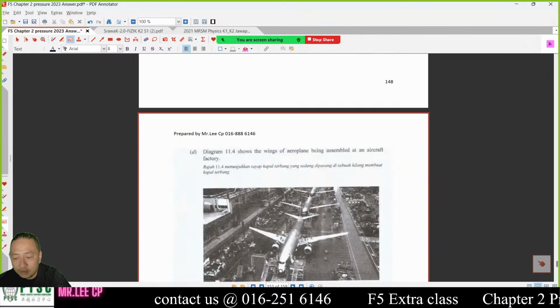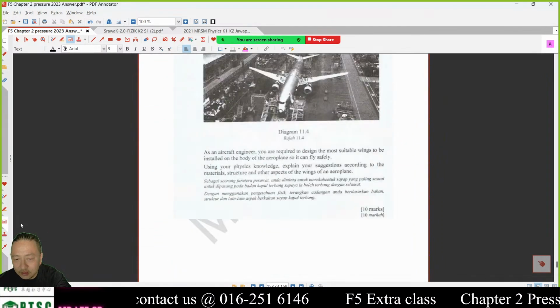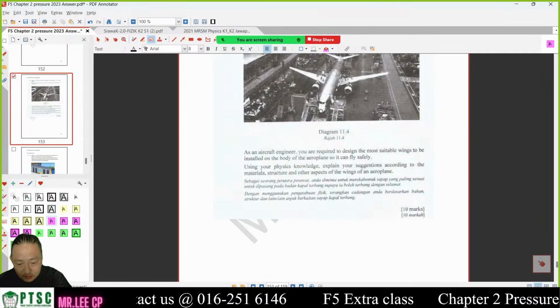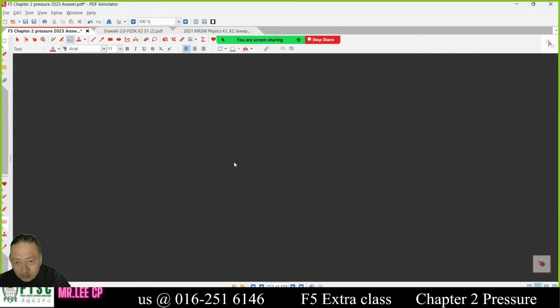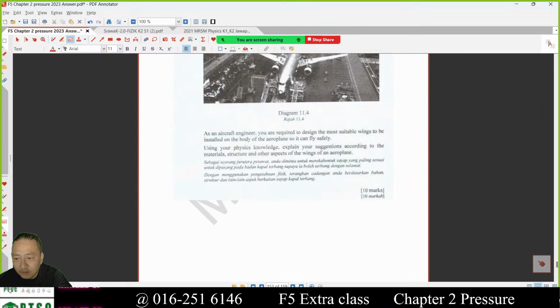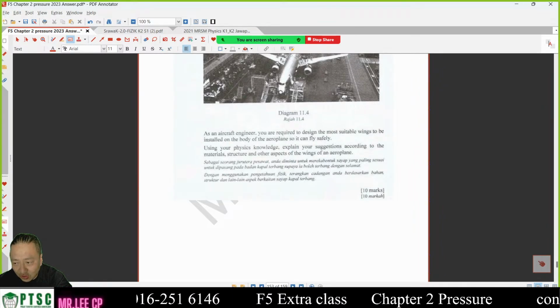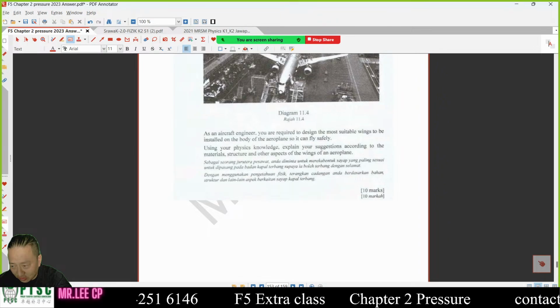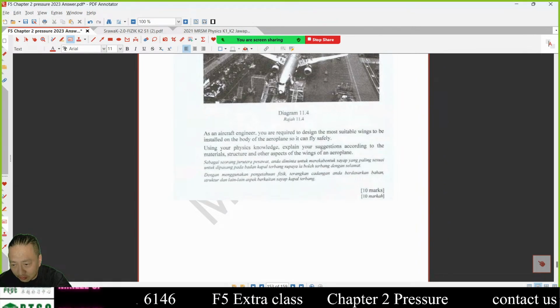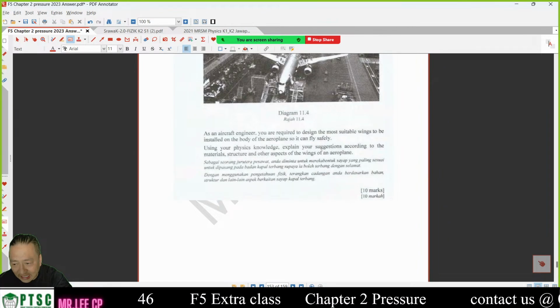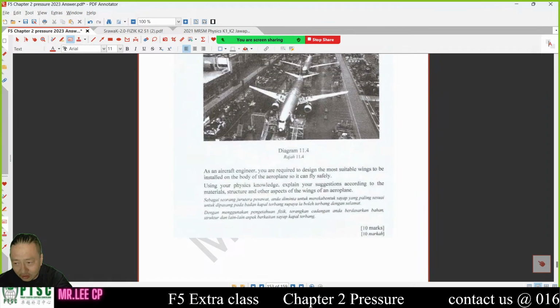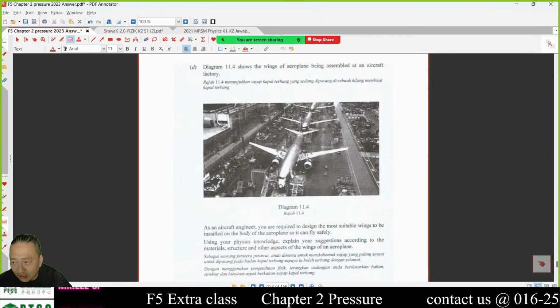Alright, so we continue here. Now come back to here. Now, using your physics knowledge, explain your suggestion according to the materials, structure, and other aspects of the wing of the aeroplane. So you want to build one aeroplane right now.